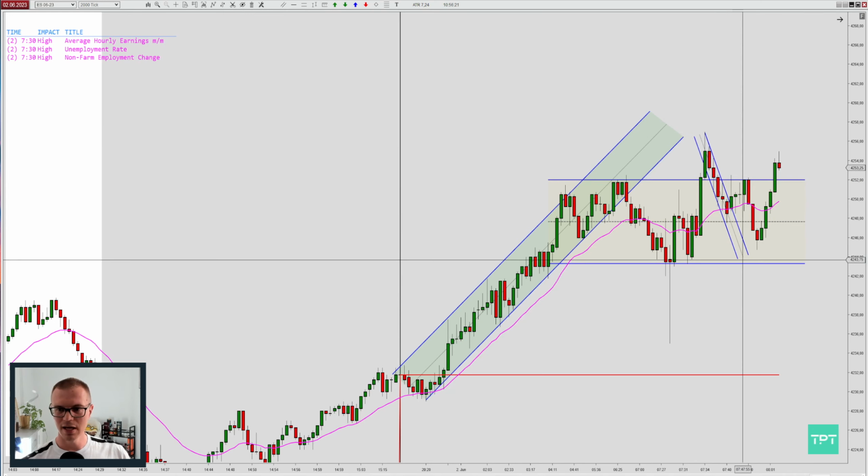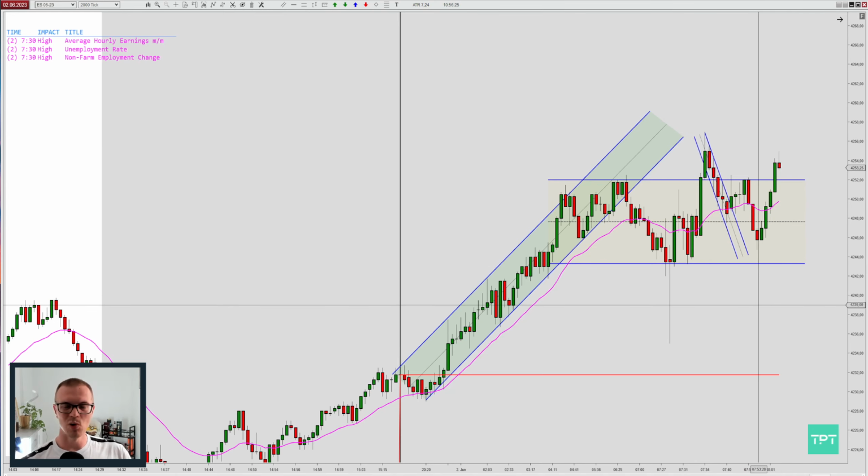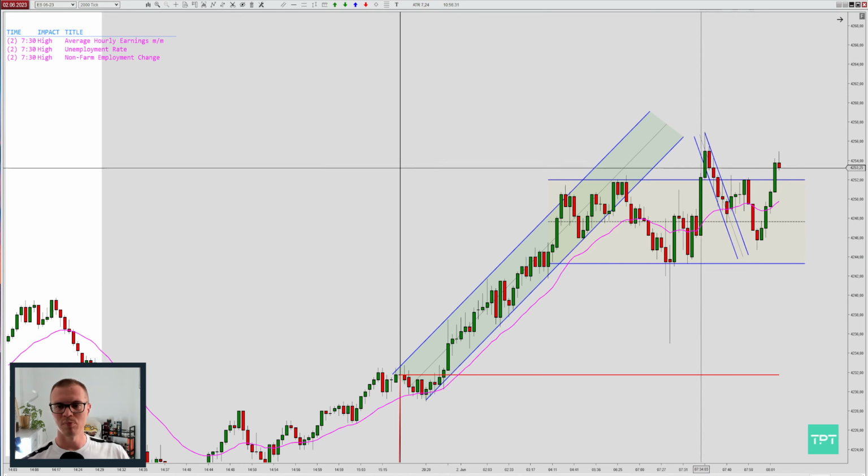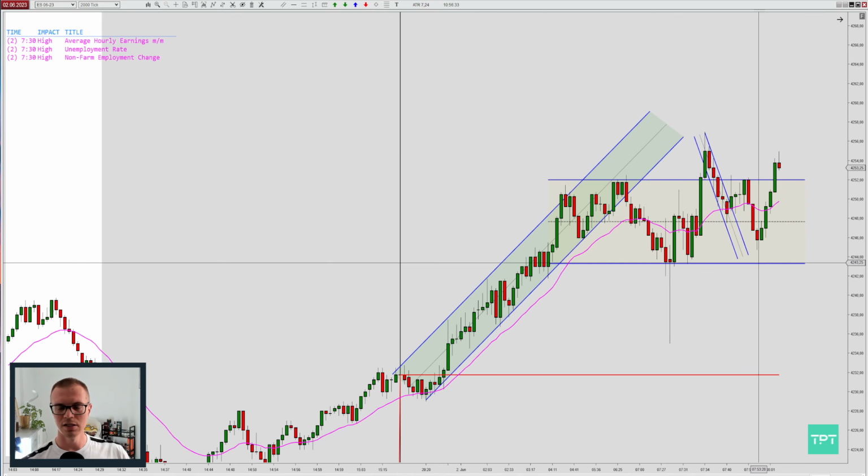Prices are not able to reach the range low again, and that most times is an indication that we might see a breakout to the top when prices cannot reach the bottom of the range.